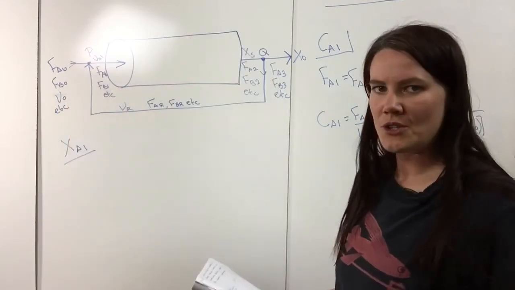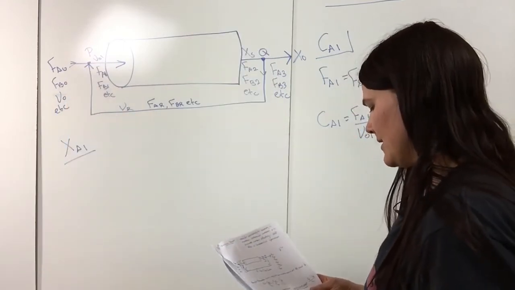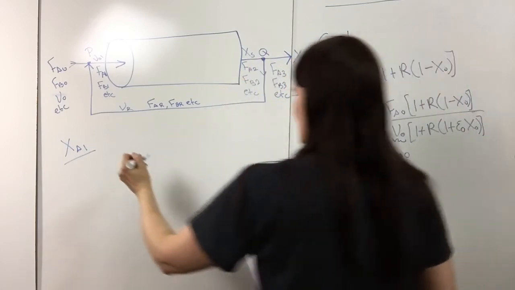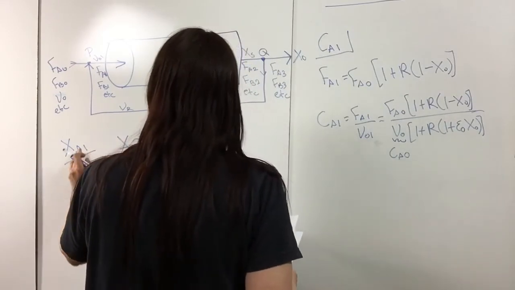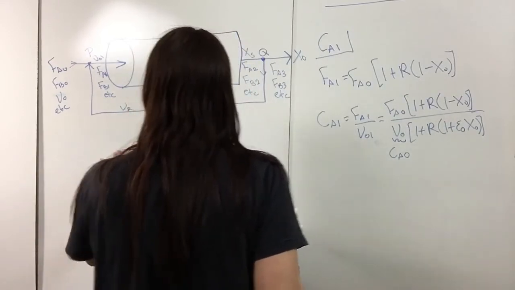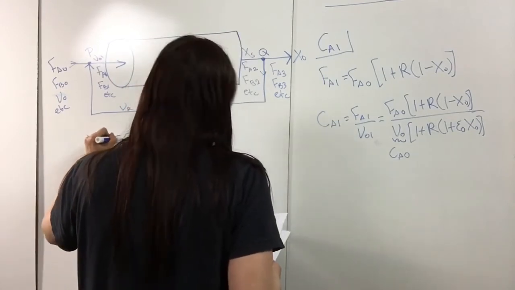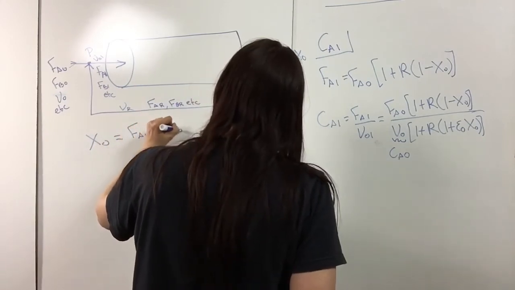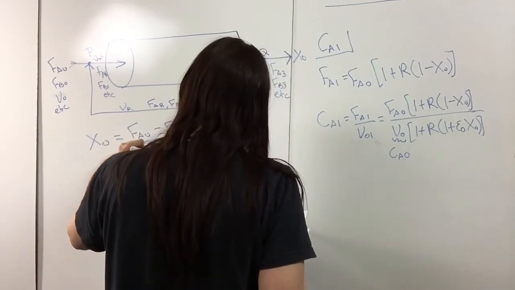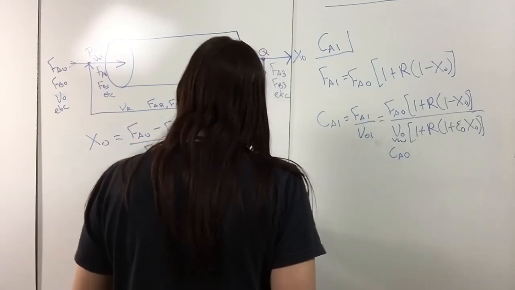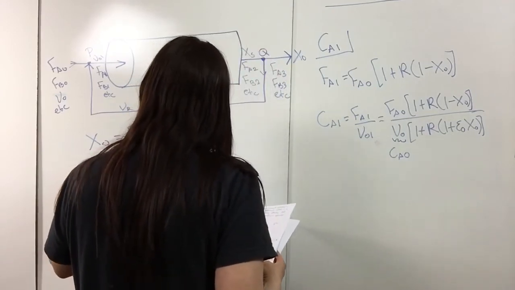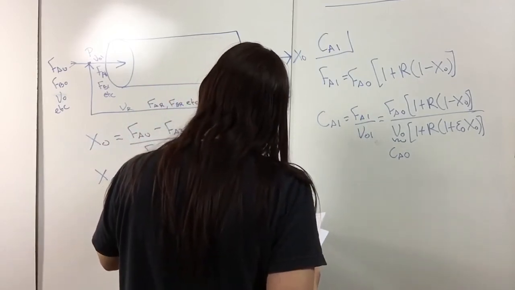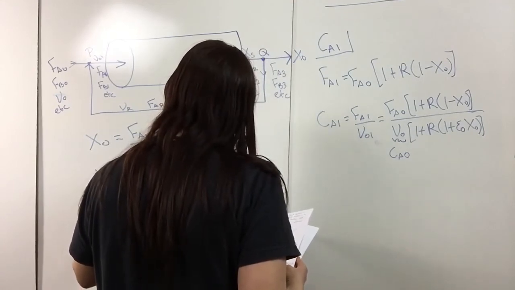I'm going to take a step back real quick. If we look at what these two conversions actually are, so for instance, X naught, let's erase that for now. X naught is equal to Fa naught minus Fa3 over Fa naught, and XS is equal to Fa1 minus Fa2 over Fa1.